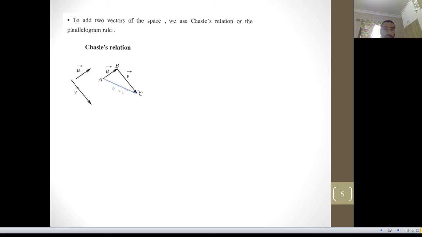So U plus V gives us a new vector, يعني we complete the triangle. So AB plus BC equals AC. هيدي in grade 9 I think أخذتوها this property.